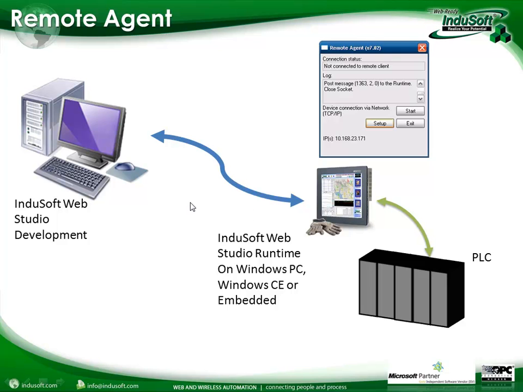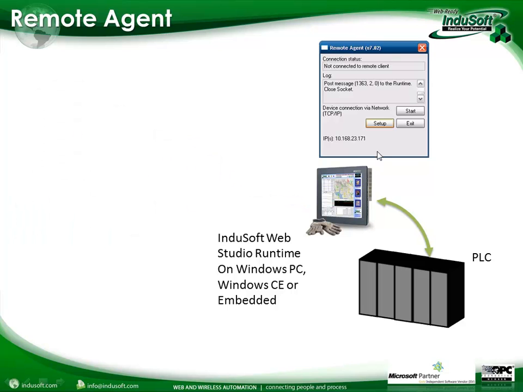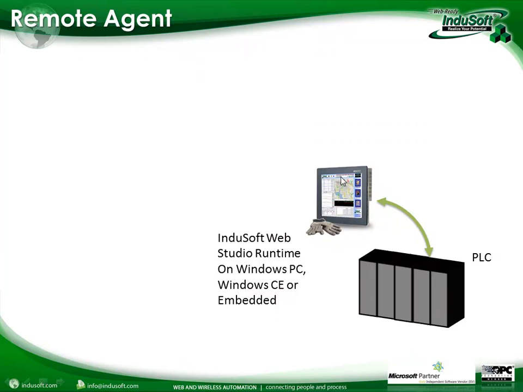At that point, optionally, you would no longer need the development environment, and theoretically you could then stop the remote agent software, where your Indusoft Web Studio runtime would then connect to its devices, whether it's a PLC, temperature controllers, drives, or databases or anything. My point here is that you would not need the development environment and may not need the remote agent running any longer. So let's go do effectively that.